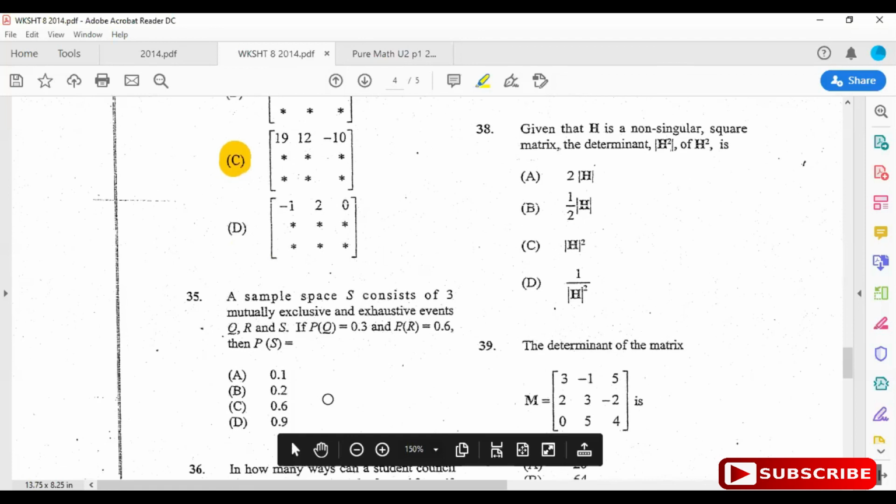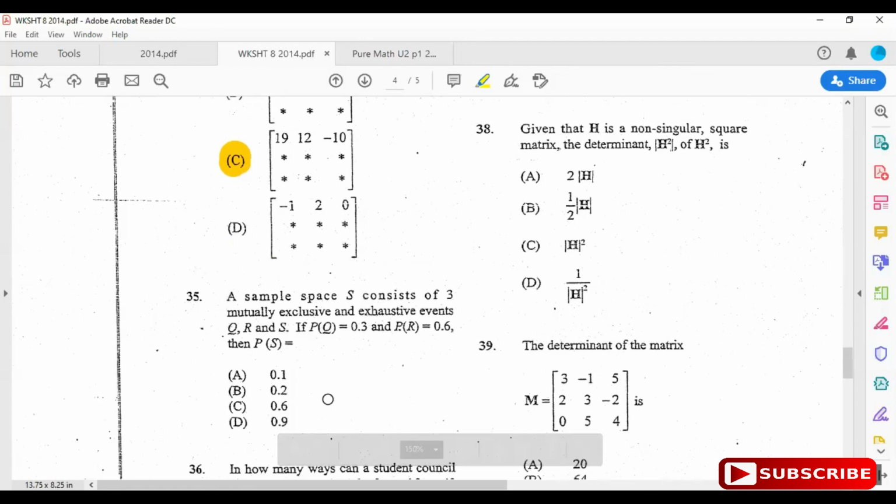All right. Now here's a question that tells us that a sample space S consists of 3 mutually exclusive and exhaustive events. Mutually exclusive, so they never intersect. Exhaustive means that the sum of the three probabilities is 1. So if P(Q) is 0.3 and P(R) is 0.6, find P(S). The three of them need to be 1.